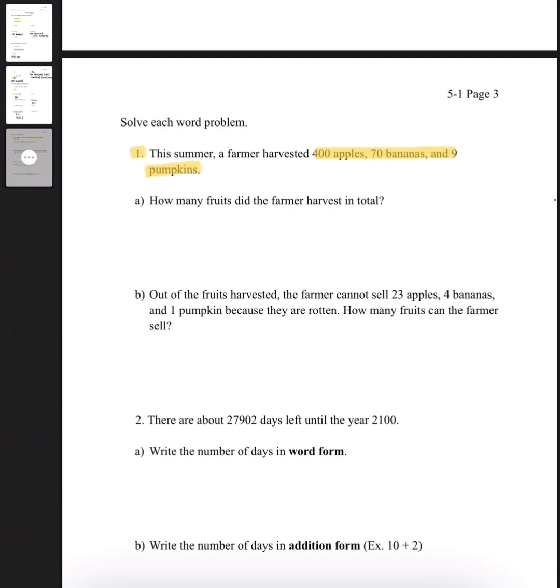All we have to do is add the 400, 70, and 9 in order to know how much the farmer harvested in total. And in total means addition, so we're going to be adding the numbers together. So it's just 400 plus 70 plus 9. And if we add it, we'll get 479 fruits.